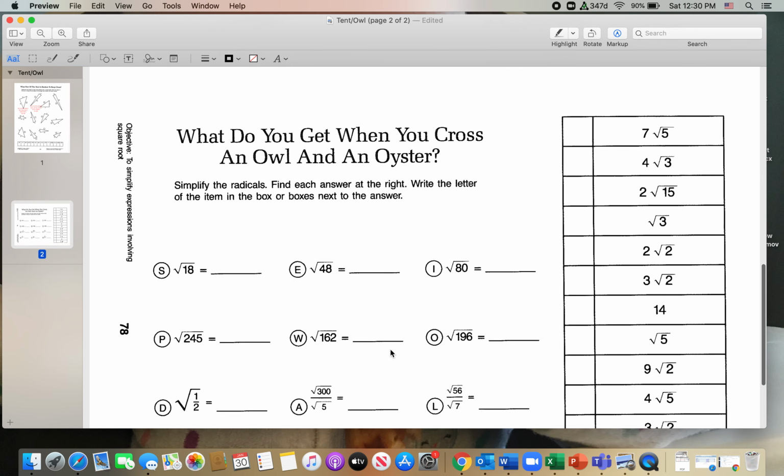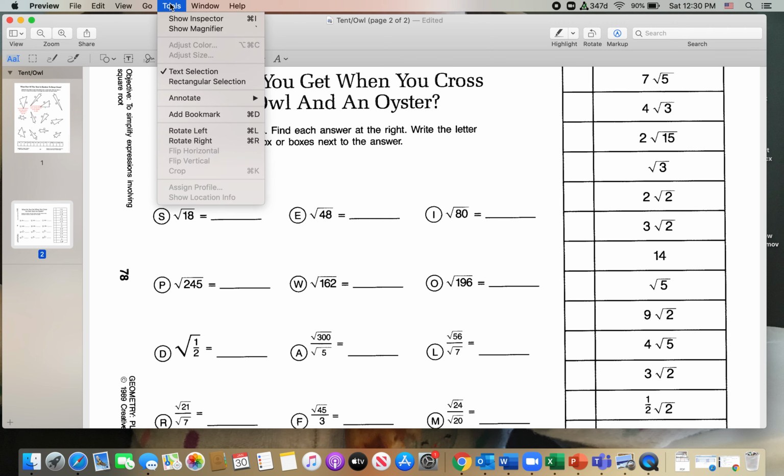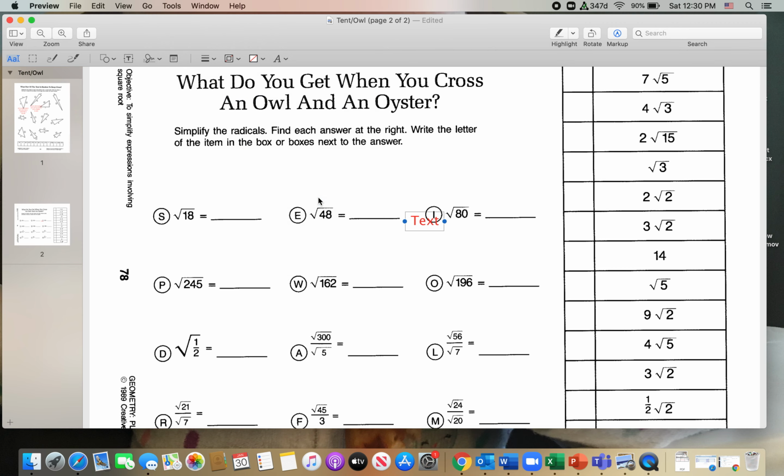The other thing we're going to look at is simplified radical form, because that has come up a few times and caused some problems. So here's square root of 18. Basically, every time you are faced with one of those, you put it into a prime factor tree. Square root of 18 can be broken down to 2 times 9.